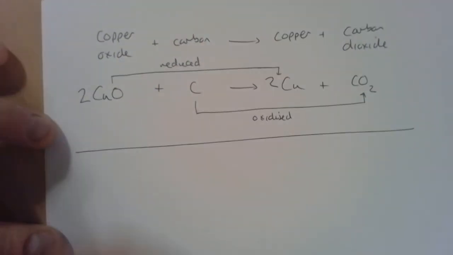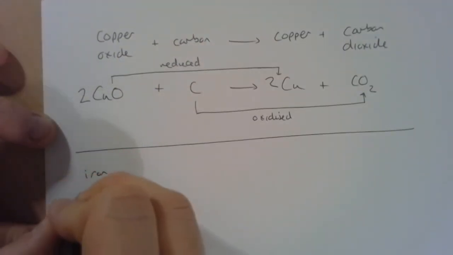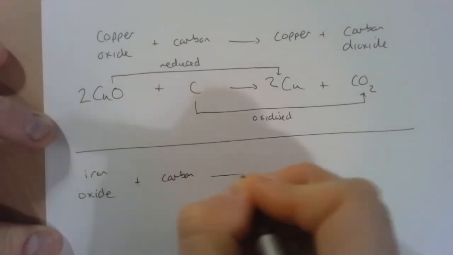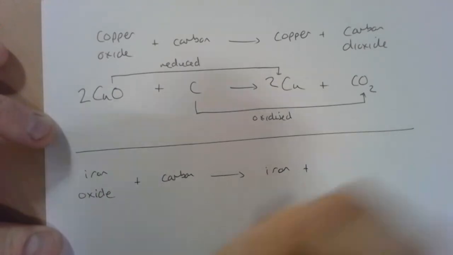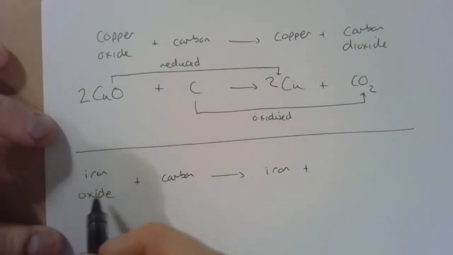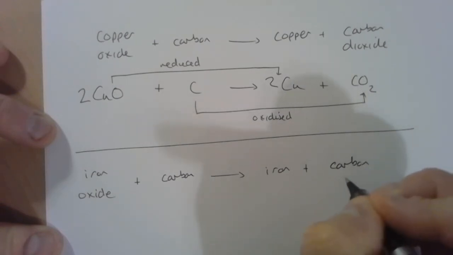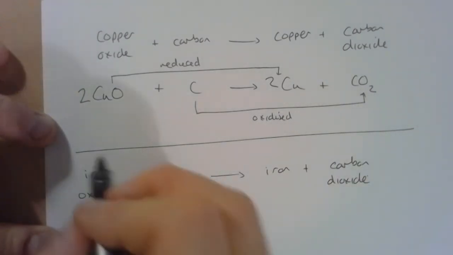Let's have a look at one more example. Our example of hematite, which is iron oxide. So again, the same thing is going to happen. Iron oxide plus carbon. The iron is reduced to make iron, and the carbon is oxidized to make carbon dioxide.